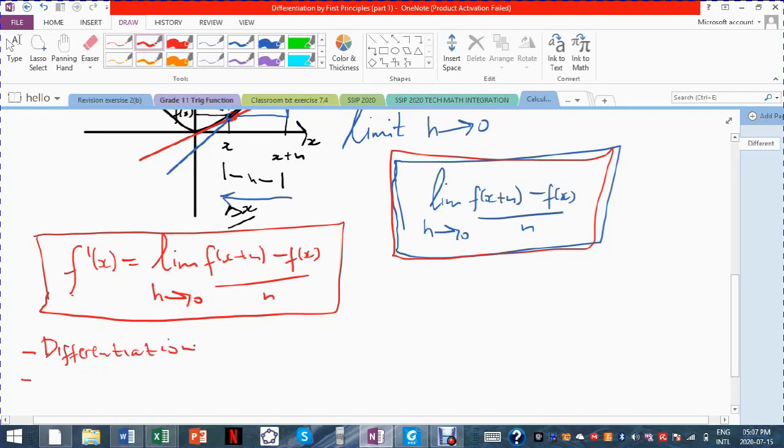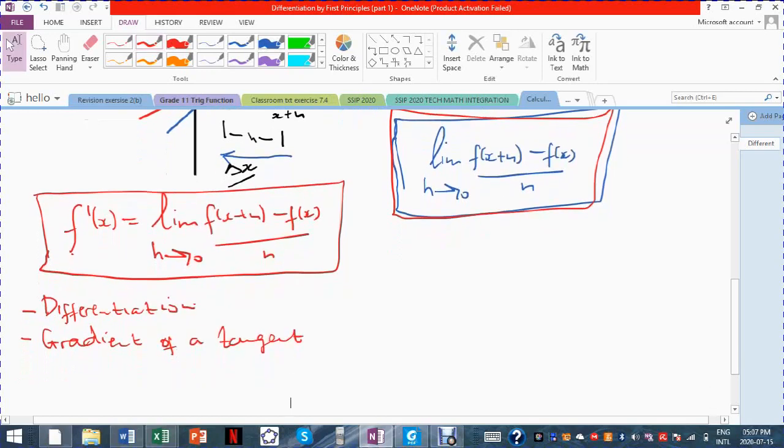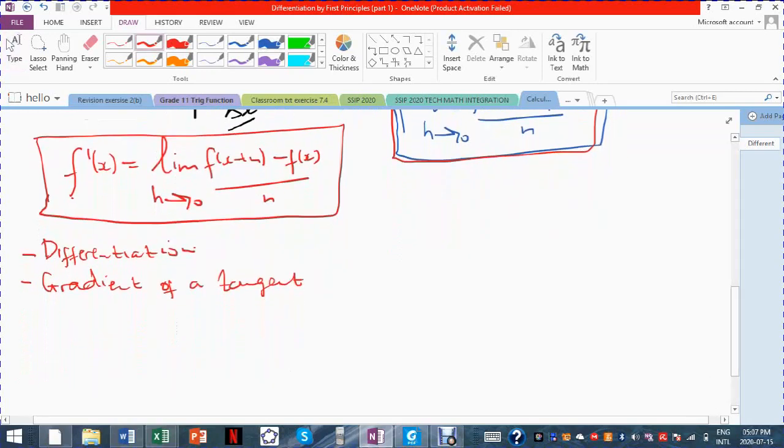Differentiation is a representation of a gradient of a tangent, or we also have what we call gradient or slope at a point.